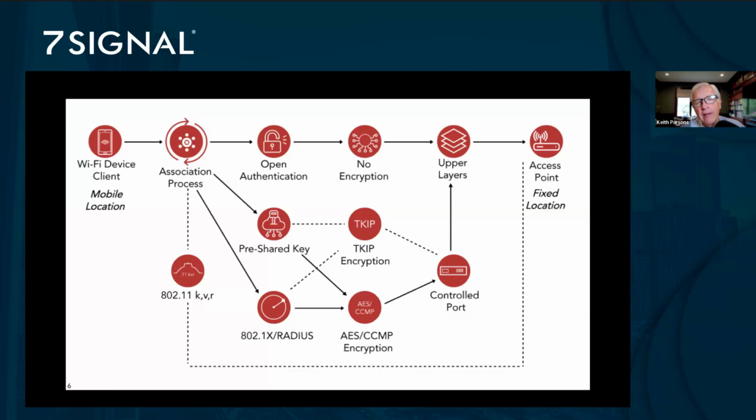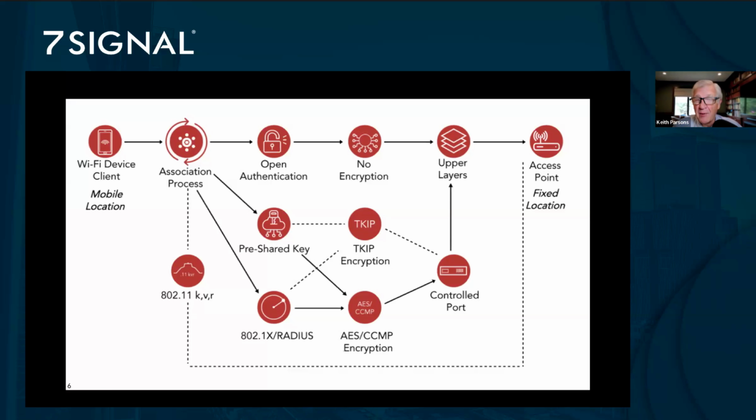And then we get to upper layers. So a DHCP request happens after we've gone through all of the Wi-Fi part. So one of the cool tricks is, if you have an IP address, you don't have a Wi-Fi problem, because the only way you could have possibly got an IP address was over the Wi-Fi.